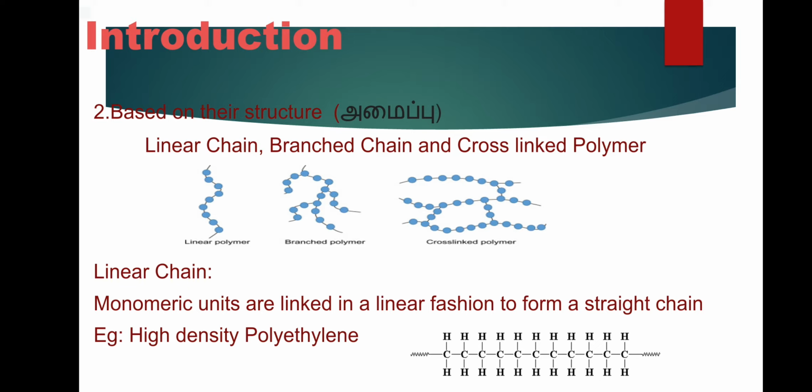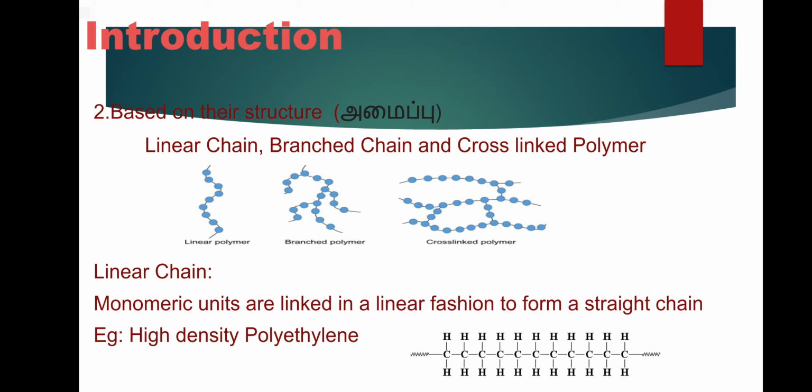The second type is based on their structure, whether they are linear chain, branched chain, or closed ring. They are large molecules. Like the beads I told you about, when you put them on a thread, it can be a long chain, a straight chain. Sometimes branches can be there, or it can be cross linked, like a net.